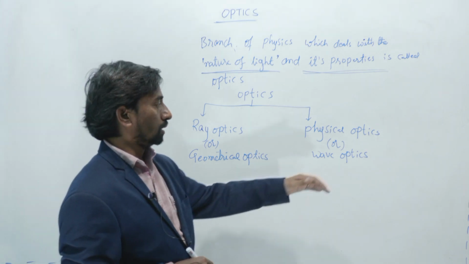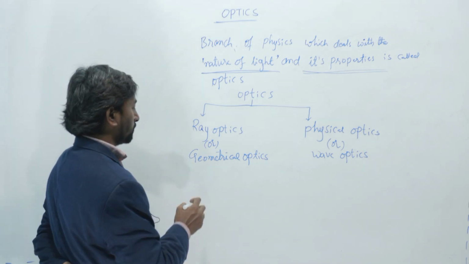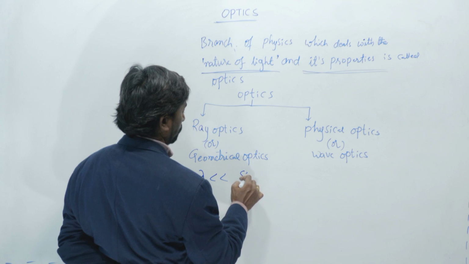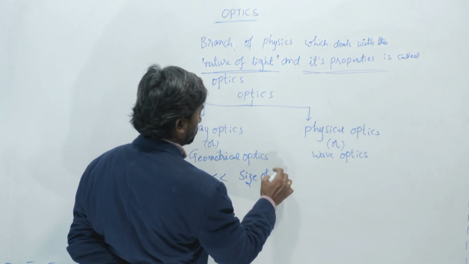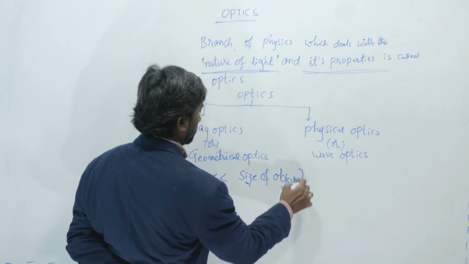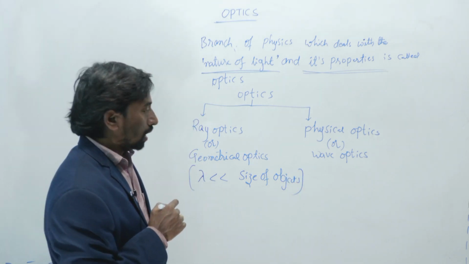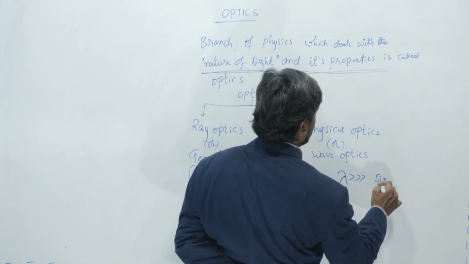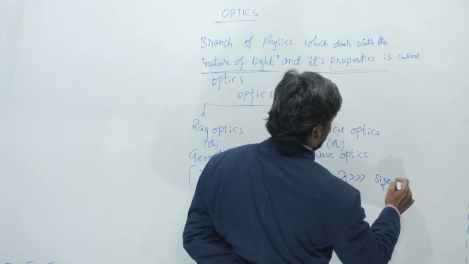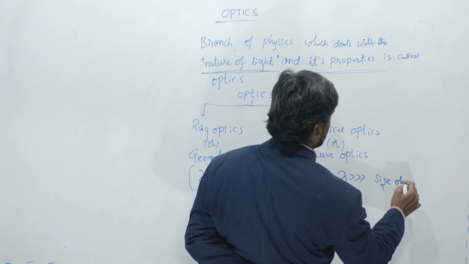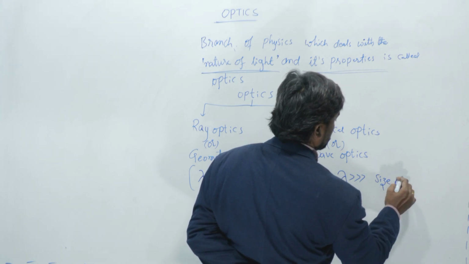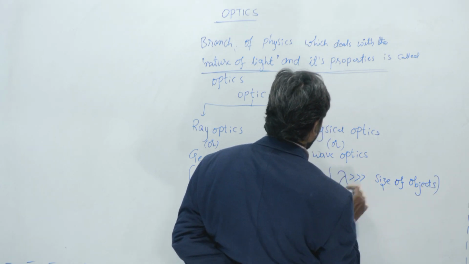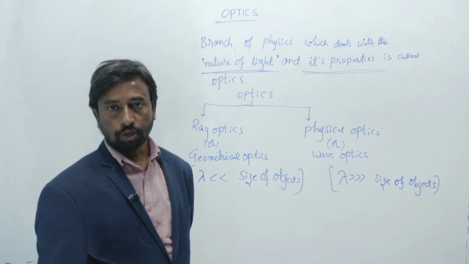In ray optics, the wavelength of light is very small compared to the size of the objects or obstacles. In physical optics, the wavelength of the light is much greater than the size of the objects the light encounters in its path. That optics is said to be wave optics or physical optics.